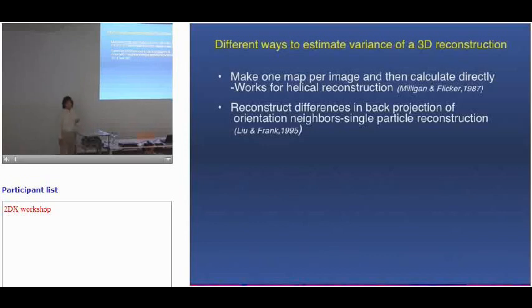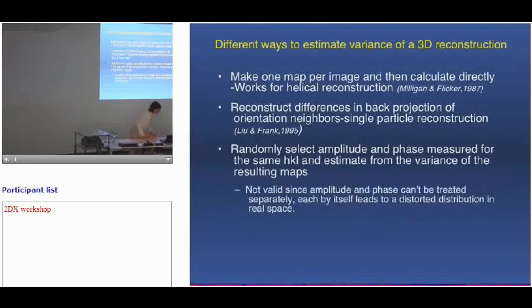I think one of the problems is that the assumption that you and your neighbors differ only by statistical variation is not quite right, because we know when we're doing classification, we intend to have them look a little different from one class to the other. So that didn't work out very well. And of course, we cannot apply that to 3D crystals because our neighbors are very far apart from each other in terms of orientation distribution.